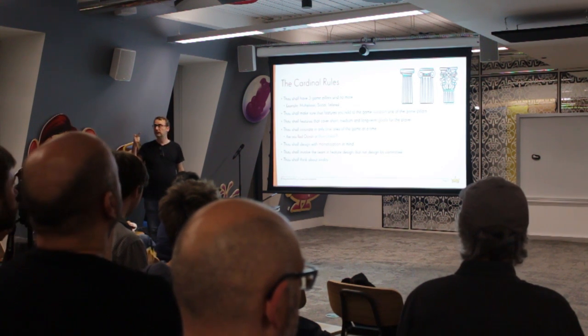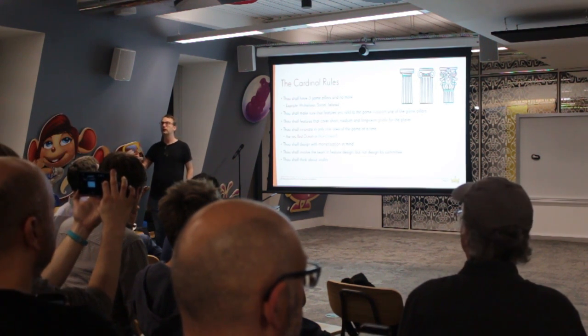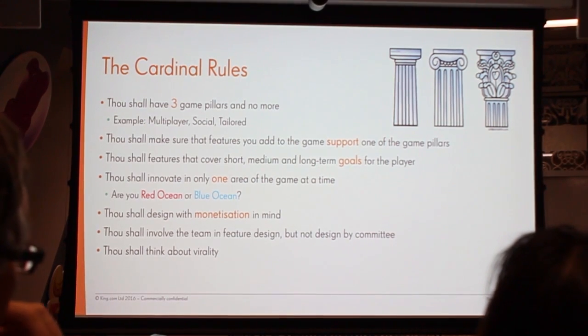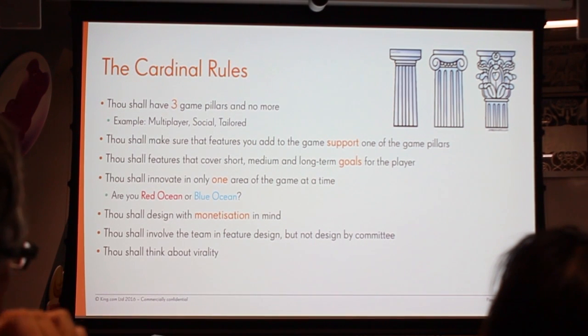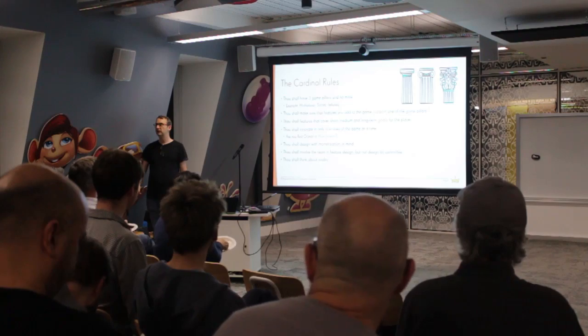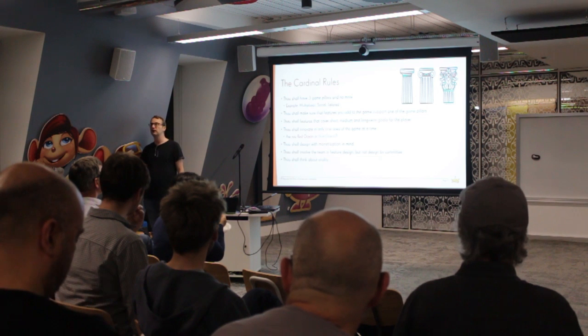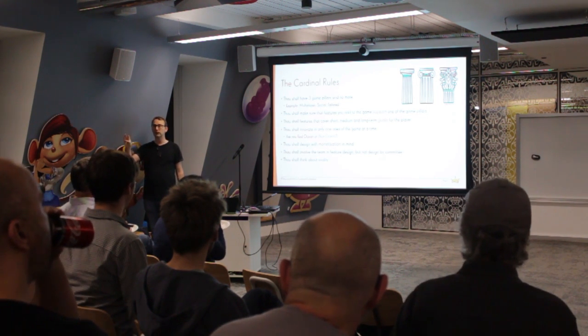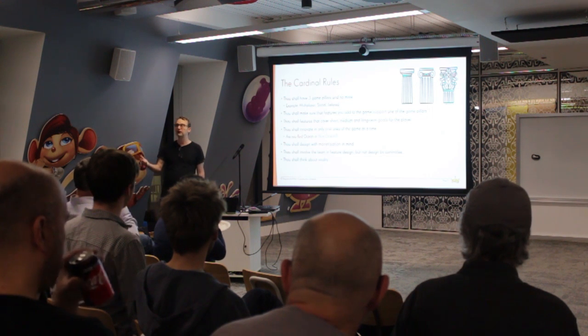We wanted it to be social. It's a card game, so think of a classic card game like Rummy, except multiplayer, and you can play with people worldwide. That's what Shuffle Cats is. And we wanted it to be tailored, so we didn't want to copy a classic card game. We wanted it to be a bespoke experience for mobile. So those were our 3 design pillars for Shuffle Cats specifically.